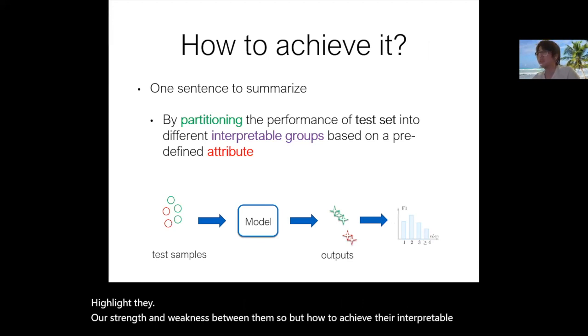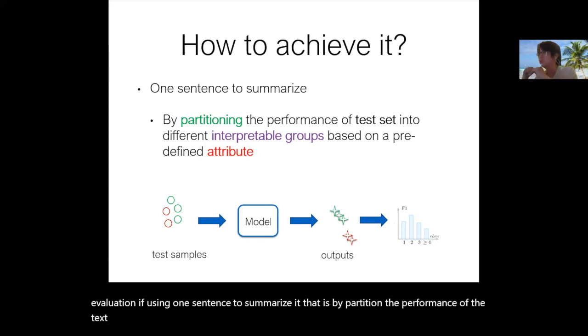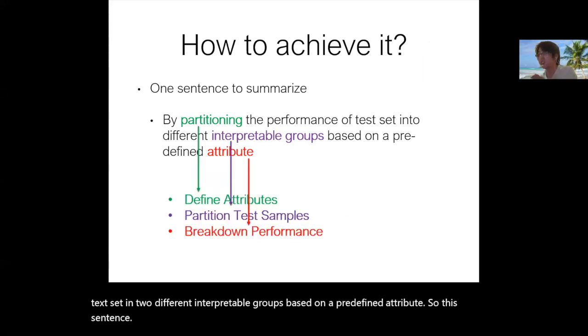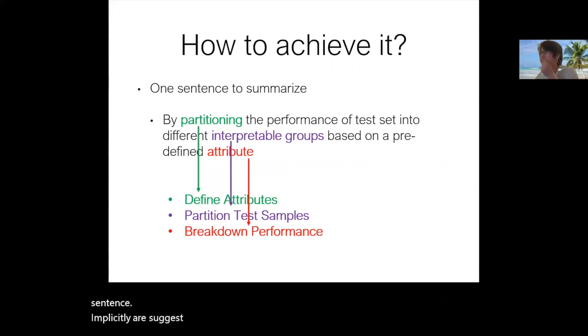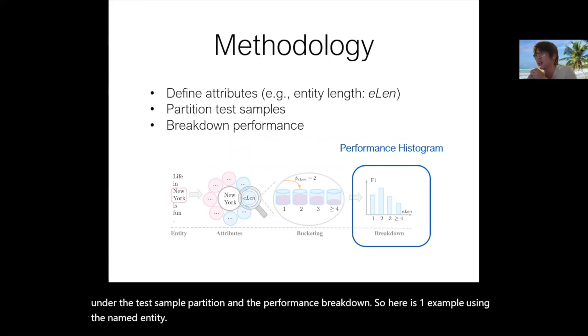Summarized in one sentence, it partitions the performance on the test set into different interpretable groups based on a predefined attribute. This sentence implicitly suggests three major steps of interpretable evaluation: attribute definition, test sample partition, and performance breakdown.